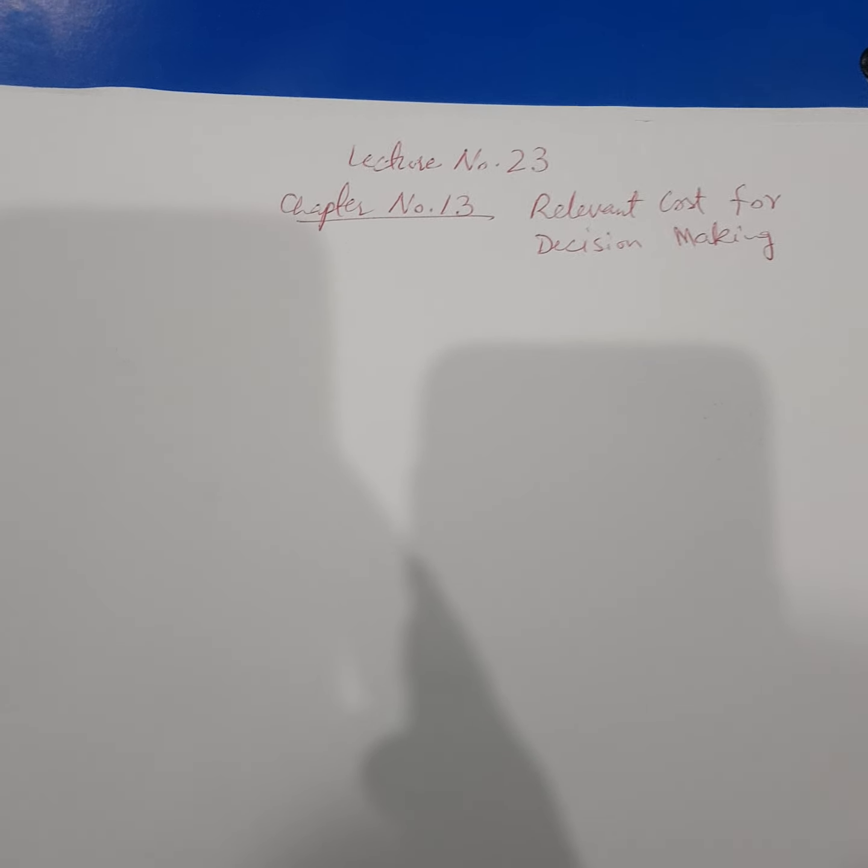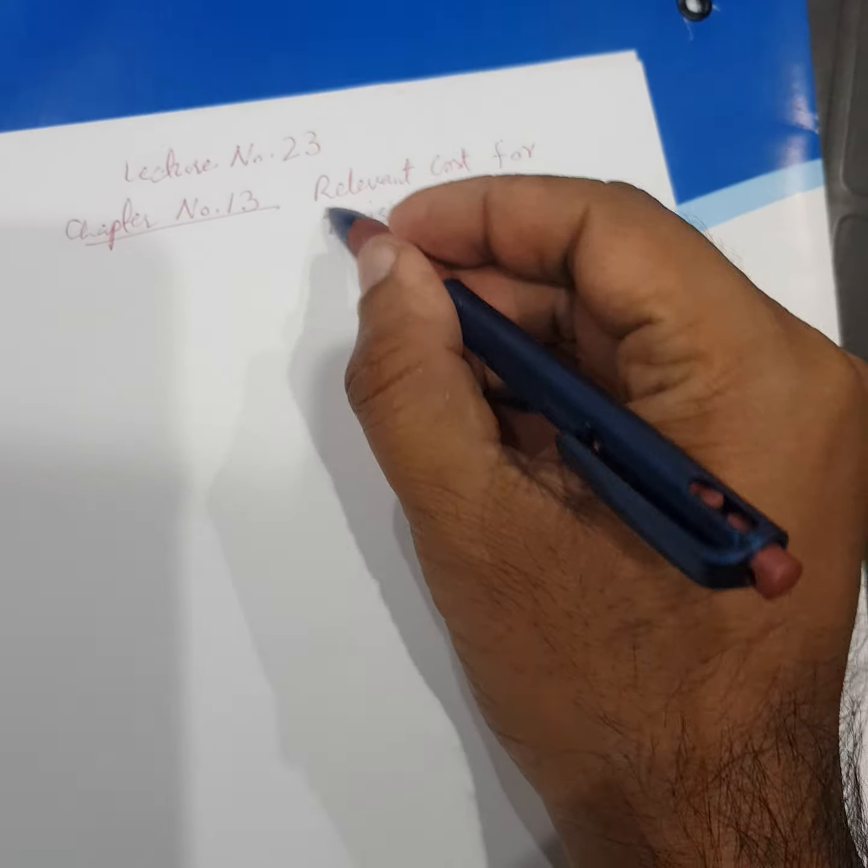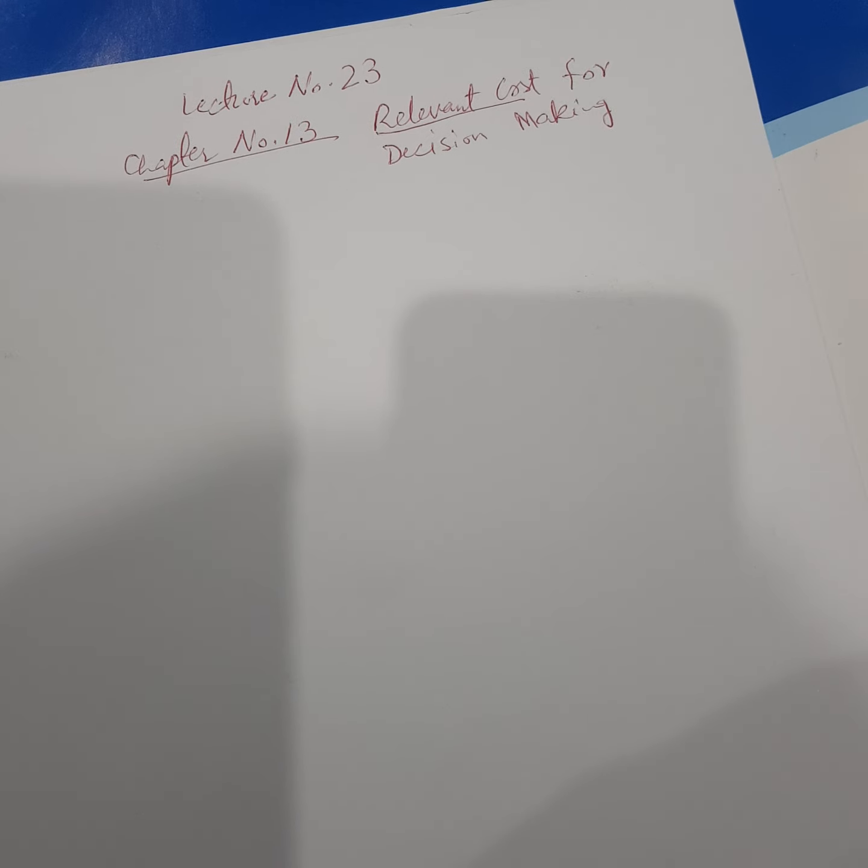Today is lecture number 23 and we are going to discuss chapter number 13, that is relevant cost for decision making. First of all, what is relevant cost? It is that cost that differs between alternatives.